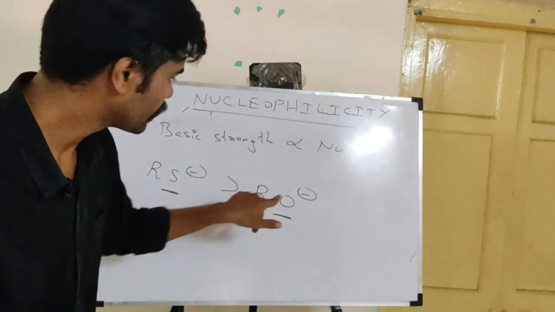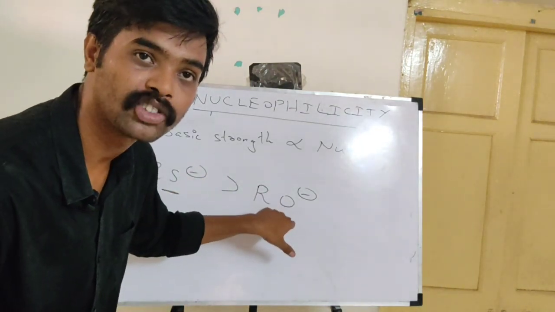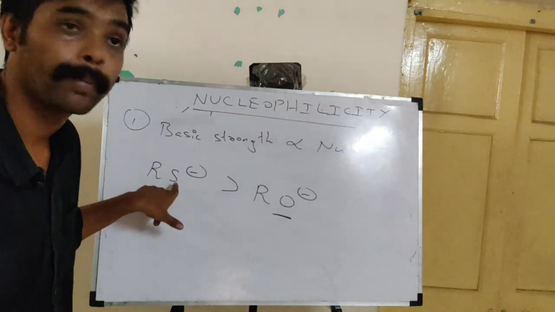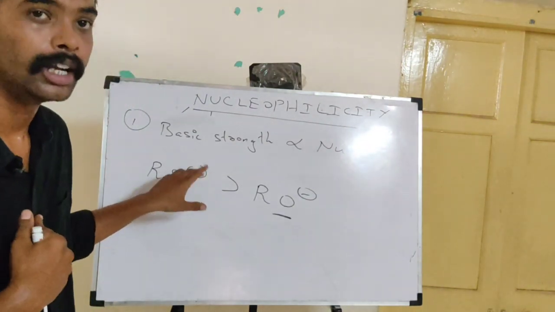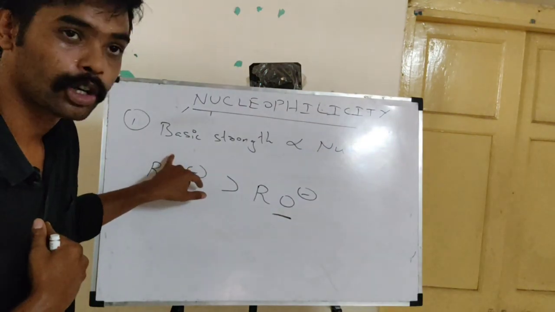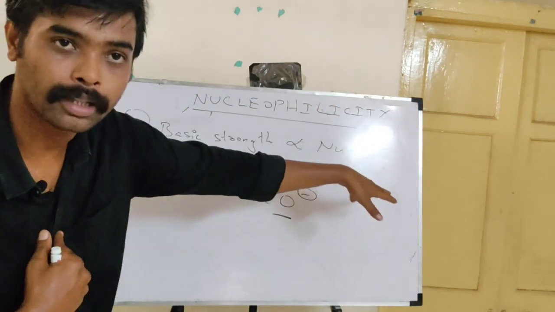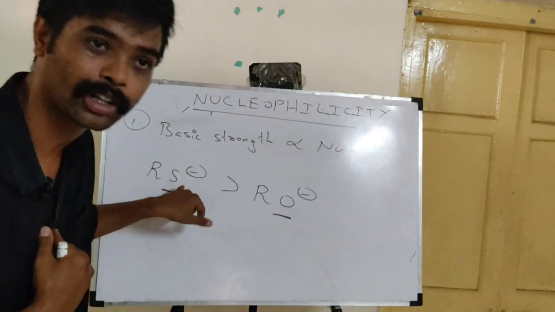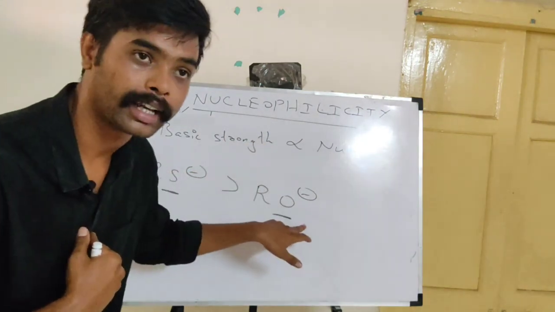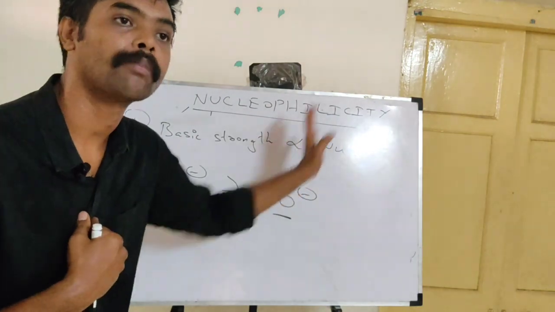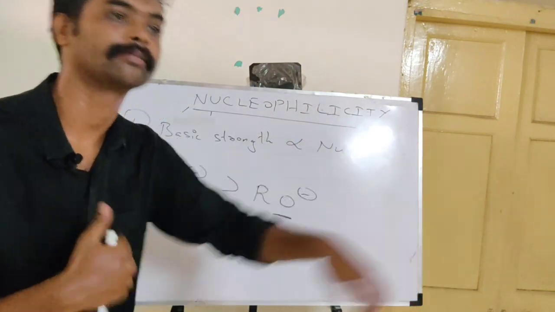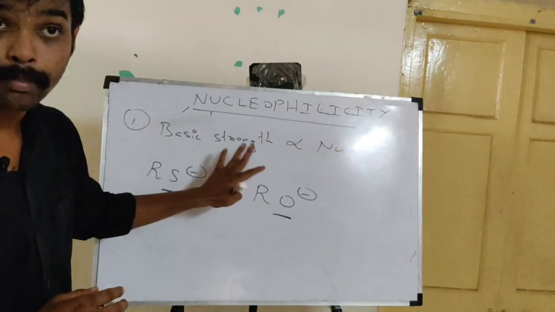So obviously removing electron from oxygen is difficult when compared to removing electron from sulfur, right? So definitely electrons from sulfur can easily go attack the positive center because of less electronegativity of sulfur, and in case of oxygen, because of high electronegativity, the electron from it will not be able to go that easily attack the positive center. So there can be exemptions like this.